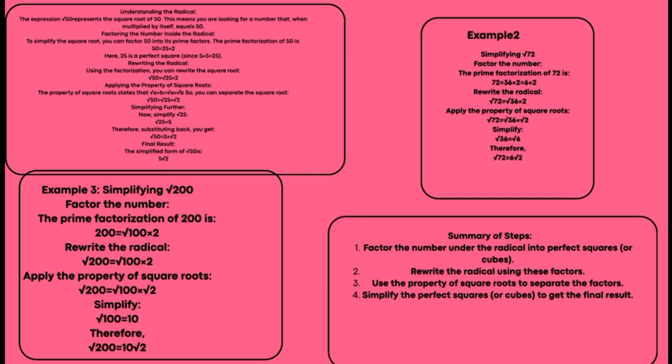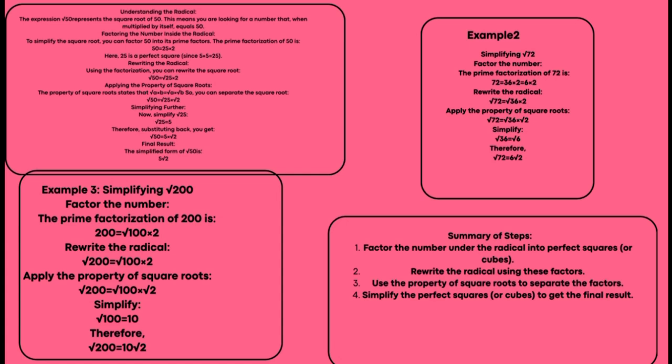Example 3. Simplifying the square root of 200. Step 1. Factor the number. Start by finding the factorization of 200. You can break it down as follows: 200 equals 100 times 2. Here, 100 is a perfect square because 10 times 10 equals 100. Step 2. Rewrite the radical. Rewrite the square root of 200 using the factors: the square root of 200 equals the square root of 100 times 2. Step 3.